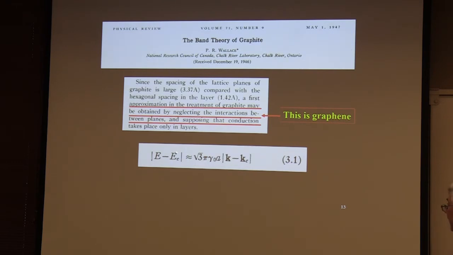And the important message here is that the energy is related to the k vector linearly. It is not a parabola. So we have what we call a linear energy dispersion. This was known since 1946, 1947.